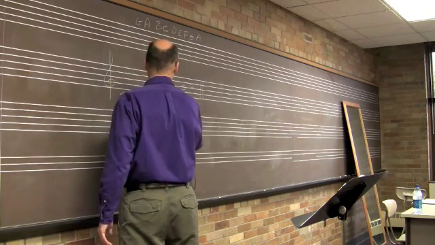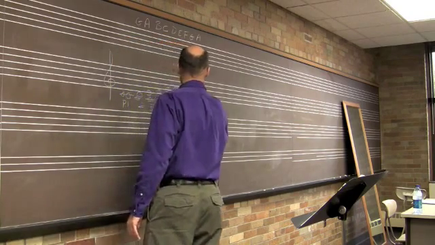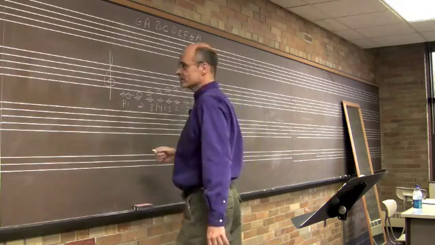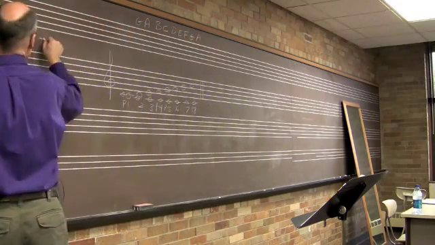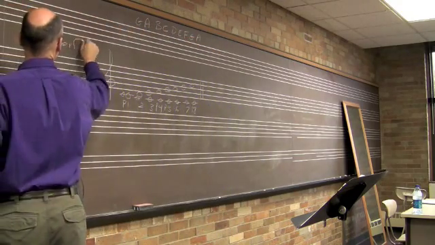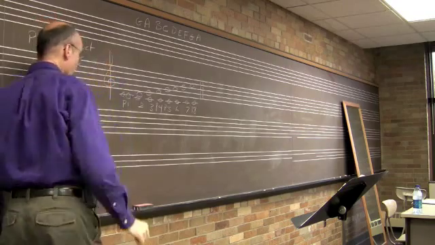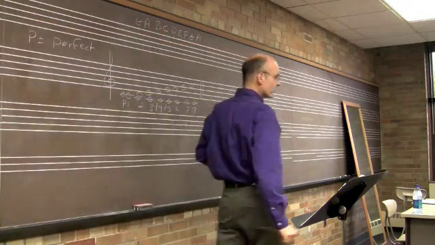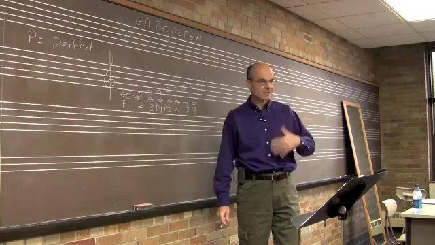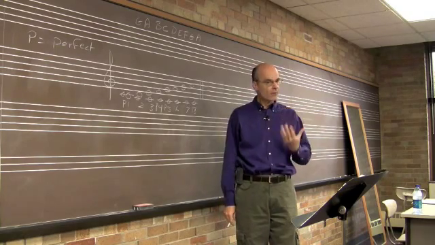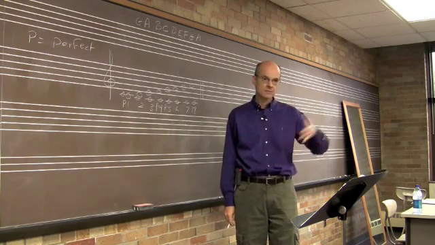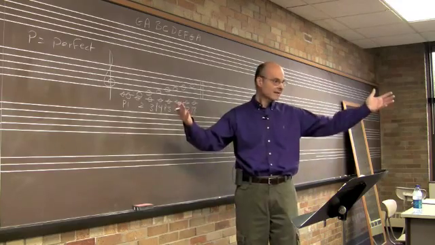1, 4, 5, and 8 are, you notice I put a P. P equals perfect. These are called perfect intervals. So the intervals in the major scale that are 1, 4, 5, and 8 are perfect intervals. That never changes.